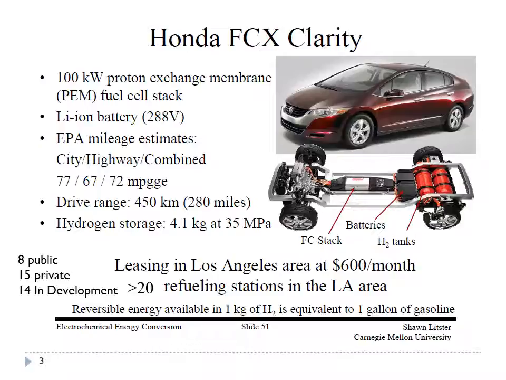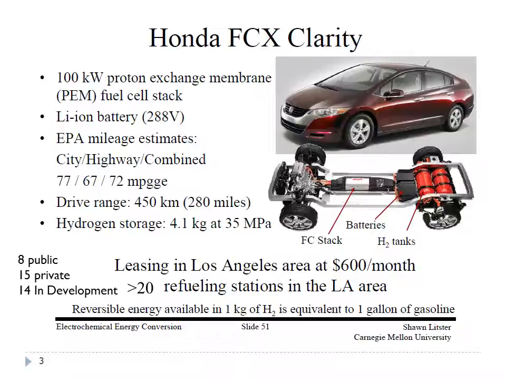I do want to point out that LA is the location in the U.S. with the most publicly and privately available hydrogen refueling stations. Currently, as of this recording in October 2012, there's 8 public stations, 15 private stations, and 14 stations in development just in the Los Angeles area.